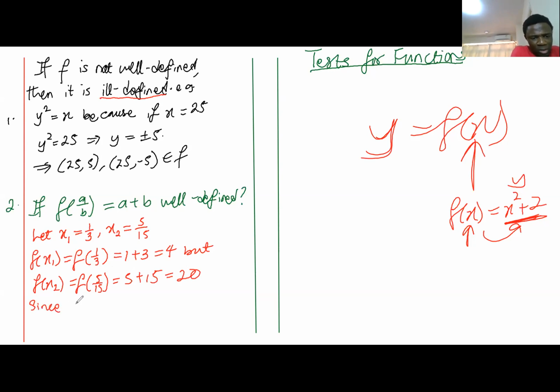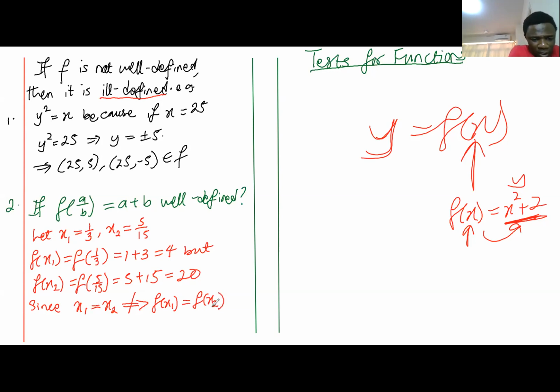Since x1 equals x2 does not imply f of x1 equals f of x2. You see, this does not lead to this.